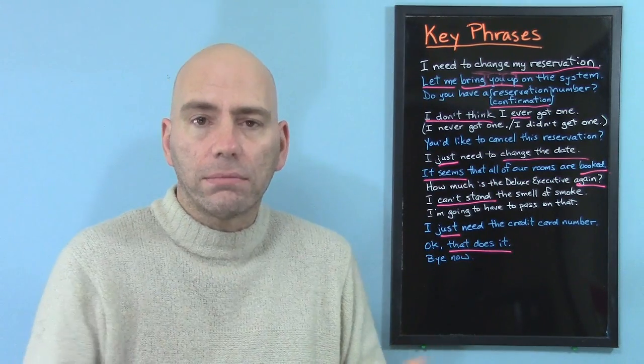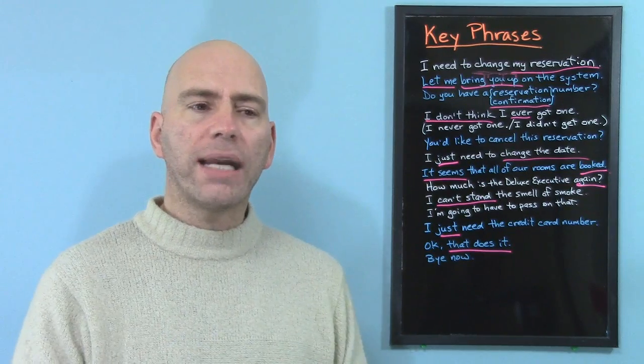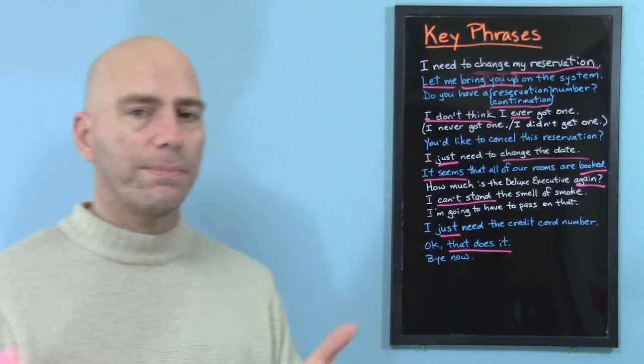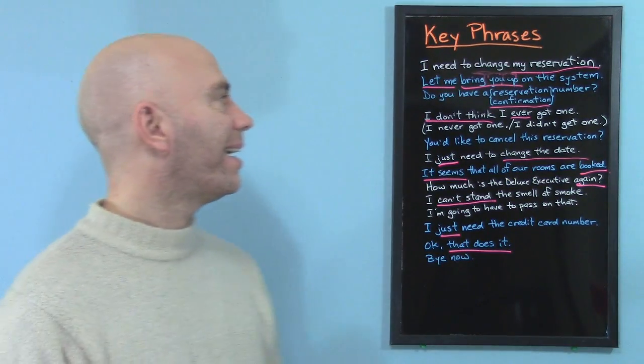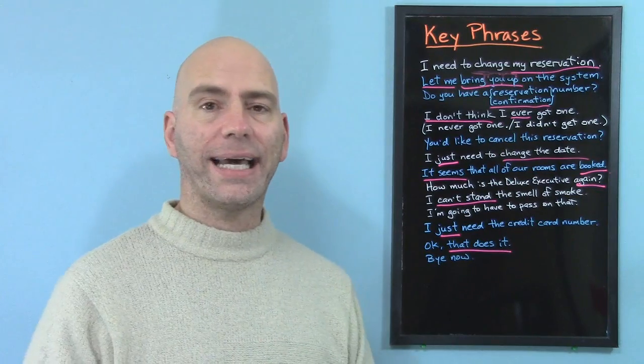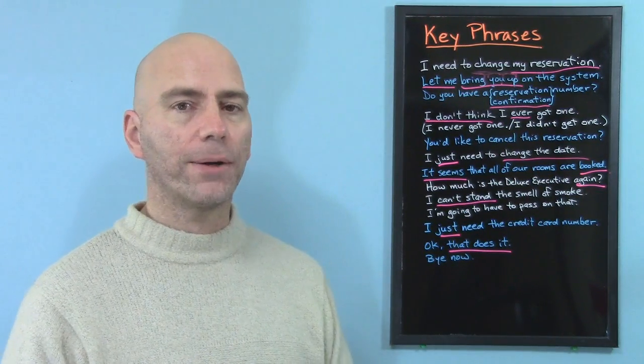Okay, I did not get an email from you, but it's a little bit stronger. "I never got one." Okay? So that's basically how you use this. If you have any questions about that, please leave a comment and ask me in the comments. I will try to answer.